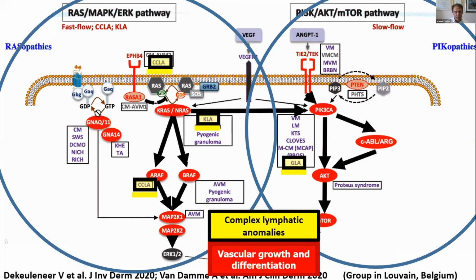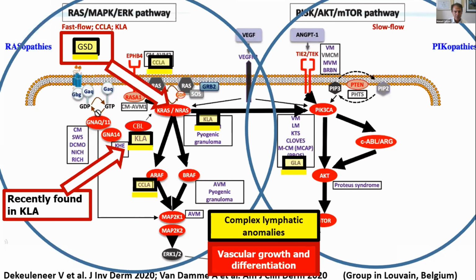KLA, mutations in NRAS; CCLA in ARAF, and also CCLA up here from EPHB4. So if some cells have a mutation in any of these genes, it could ultimately cause this child, when they're born, to have these complex lymphatic anomalies.